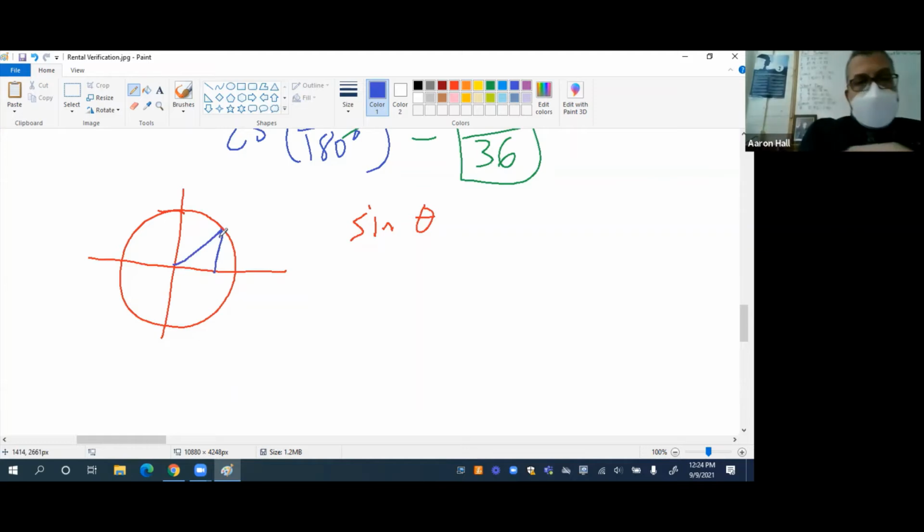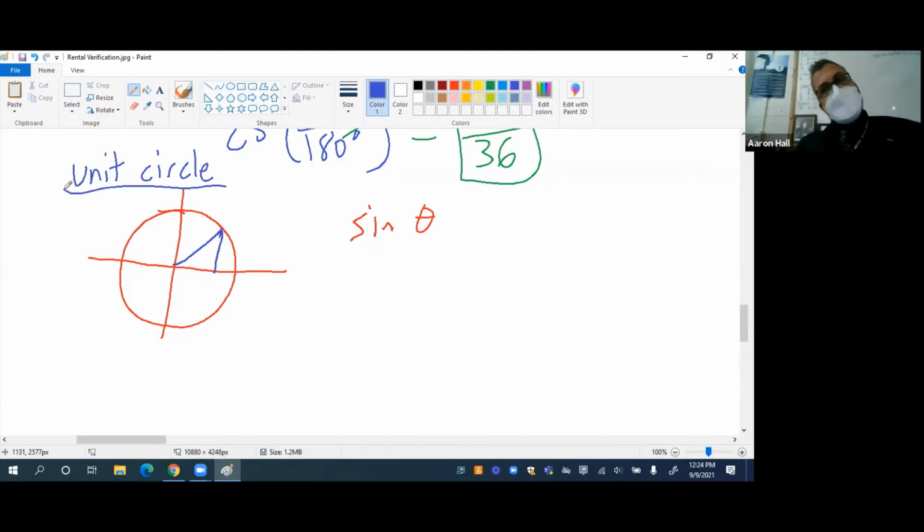And we're going to call this the unit circle. Does anybody remember what a unit circle is? Yeah. A radius of 1, and it's centered at the origin. Those are the two conditions of a unit circle. So we have some point here that has an x and a y assigned to it, and then I have a theta right here.